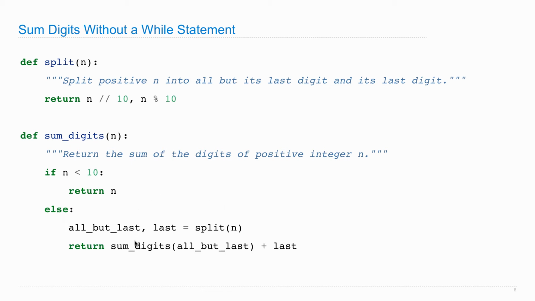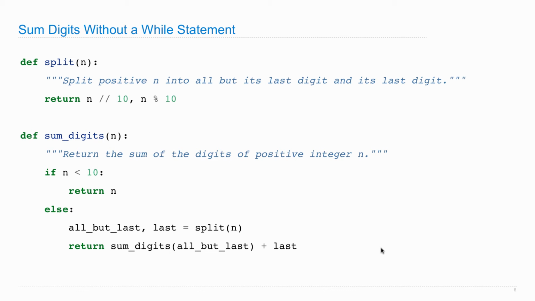Well, what is that sum? We're going to sum up the digits of all but the last, and then we'll add in the last digit. So for 2013, this would have 201 and 3. I would sum the digits of 201 to get 3. I'd add 3 more to that, and I'll get 6, the answer I'm looking for.